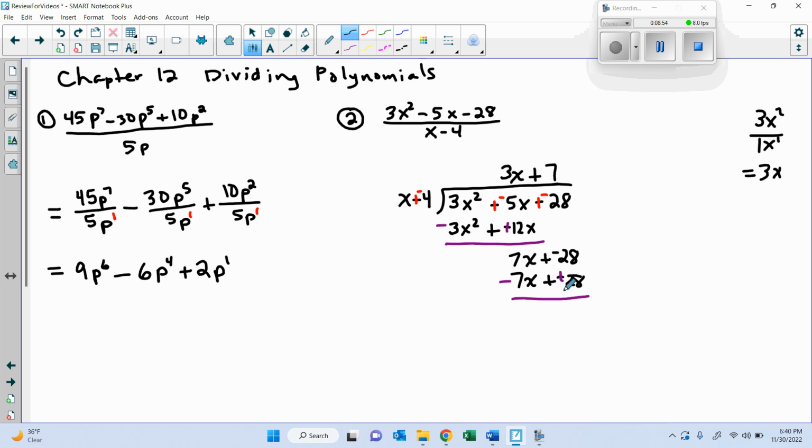I have negative 28 plus 28. So I'm just going to write a 0 there. That means we had no remainder. This one worked out and came out even. And so the solution, the answer is this right here, 3x plus 7. So if I were answering the question, the answer to this question is that division equals 3x plus 7.